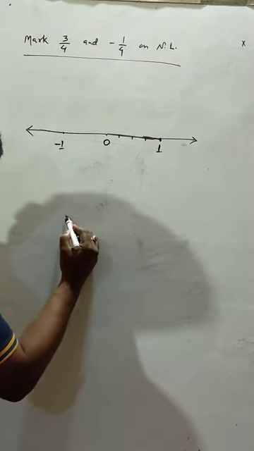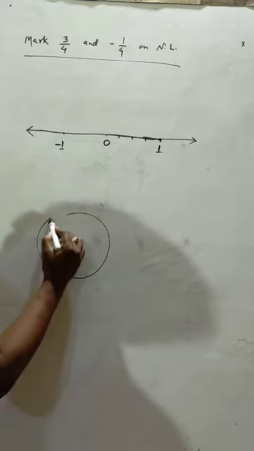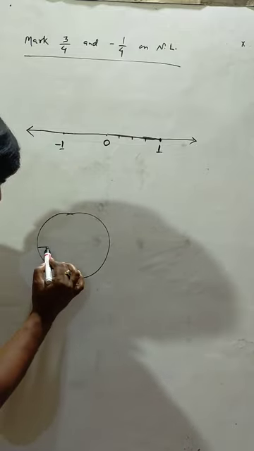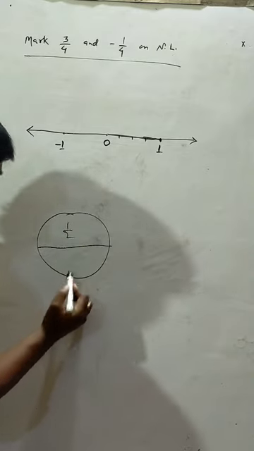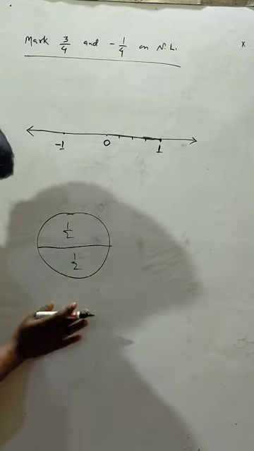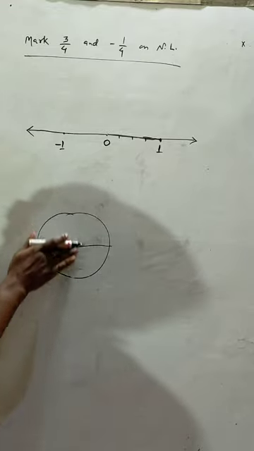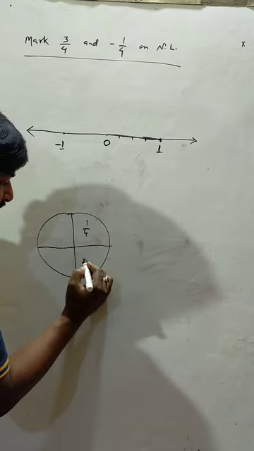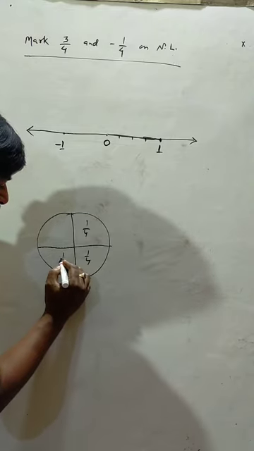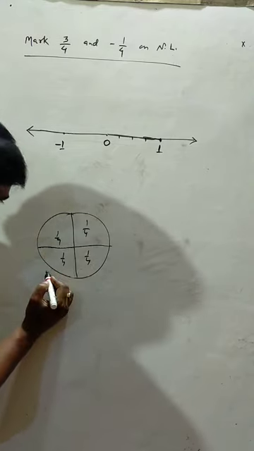Suppose this is a circle. If we divide this circle into 2 equal parts, one part is called 1 by 2. If we divide this circle into 4 equal parts, one part is called 1 by 4, 1 by 4, 1 by 4 and 1 by 4.